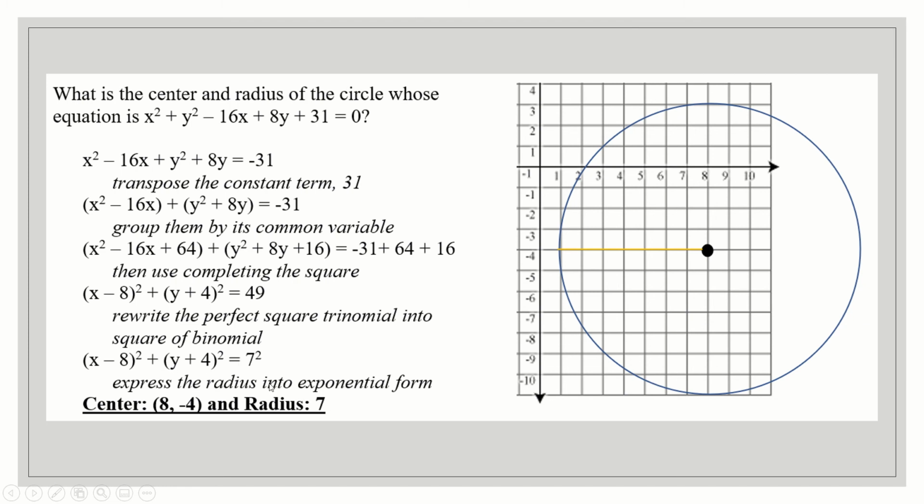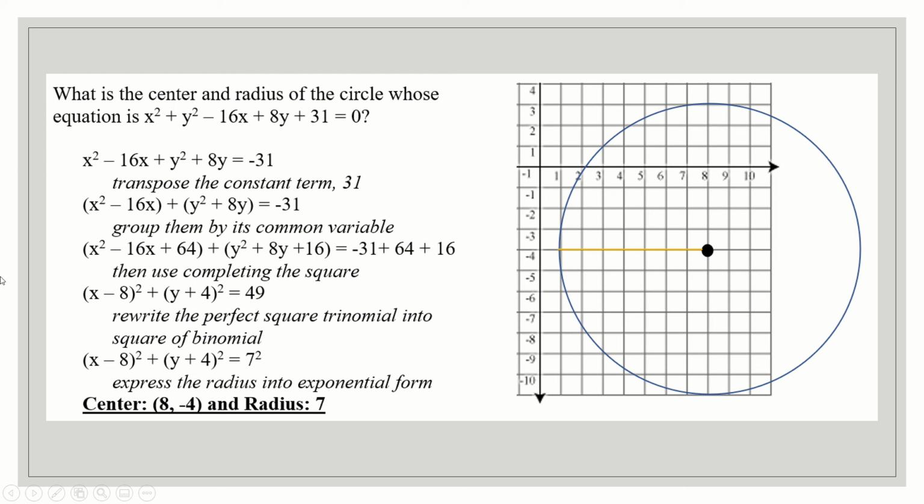Then, express the radius into exponential form. So, once na-express mo into exponential form, magiging center radius form na yung ating equation. Now, we have the quantity of x minus 8 squared plus the quantity of y plus 4 squared is equal to 7 squared. Our center is 8 comma negative 4 and our radius is 7.